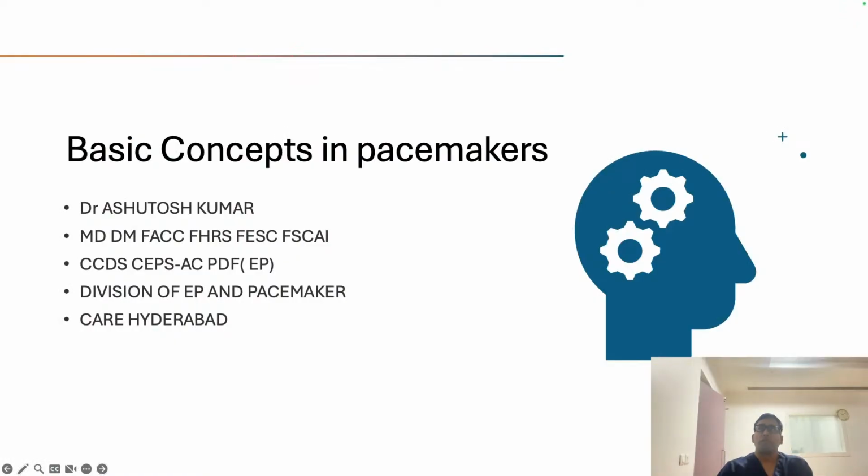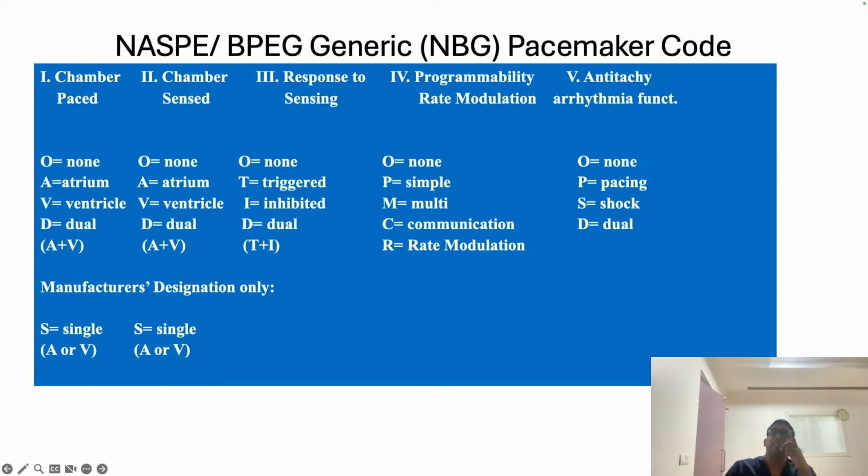Okay. So basic concept in the pacemaker. There are two things: code and mode. First, there is NASPE, or NBG, which means North American and British pacemaker code. What you call coding means there is a body which has put some particular method of naming any pacemaker and their codes.